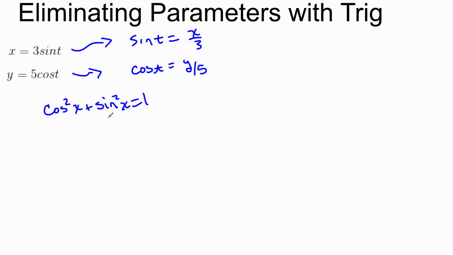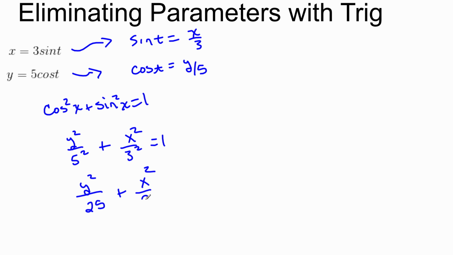Once I have this, I can square these two and add them. So cosine squared is y squared over 5 squared plus x squared over 3 squared equals 1. So this is y squared over 25 plus x squared over 9 is 1. So here I have an ellipse.